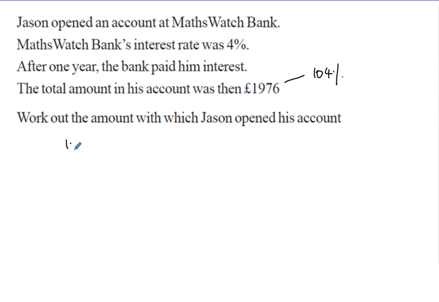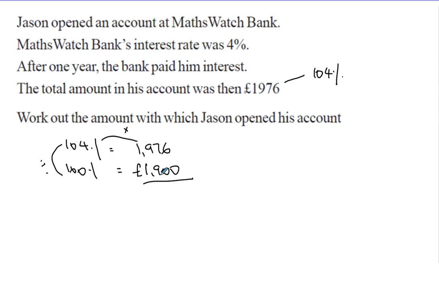Yeah? So 104% is 1,976. So 100% is that divided by that times that, and you get 1,900. Yeah, and always just check that it is lower than that.